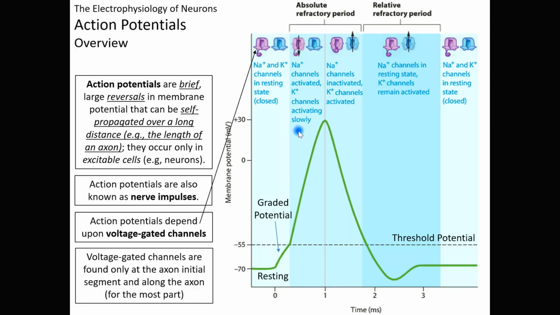They highlight here that the voltage-gated potassium channels only activate slowly, whereas the voltage-gated sodium channels, although they don't really specify it here in the figure, activate and open very rapidly. So what's important for us to recognize is both of these voltage-gated channels are activating and opening in response to the same stimulus, getting to the threshold potential value, but they differ in terms of the speed at which they open and activate in response to that stimulus, right?